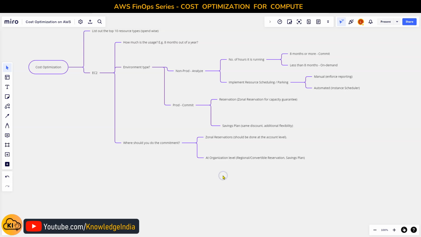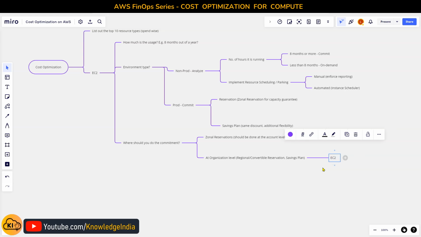Now, another very important thing when you are trying to do this: we have already understood that between a reservation and a savings plan, you will go for a savings plan when you don't need a capacity guarantee. That's the preferred thing. So when you are doing the savings plan at the organization level, which one should you select?